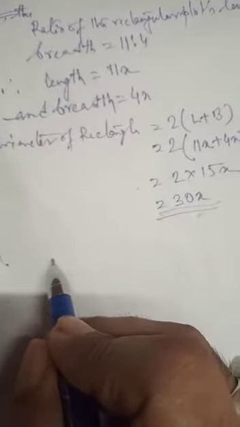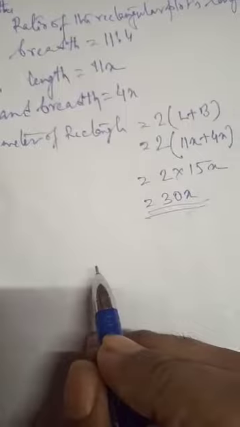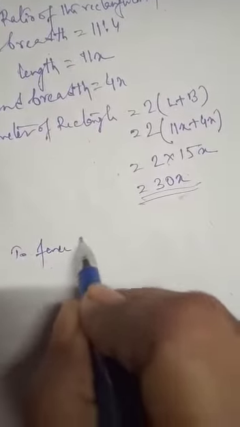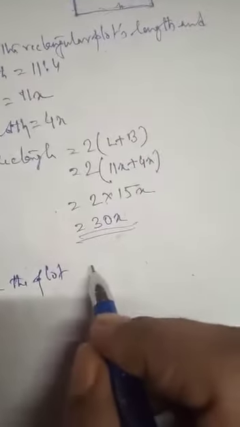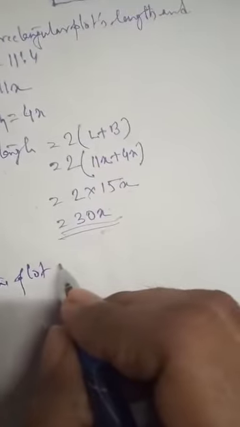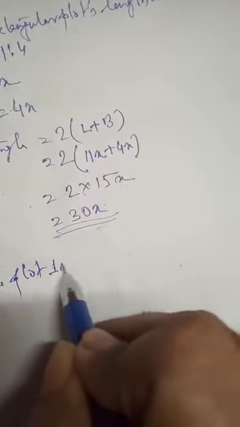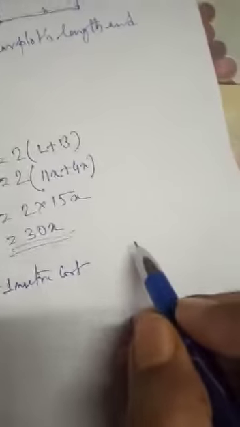Now, to fence the plot, the panchayat's cost for 1 meter is rupees how much? 1 meter cost is rupees 100.